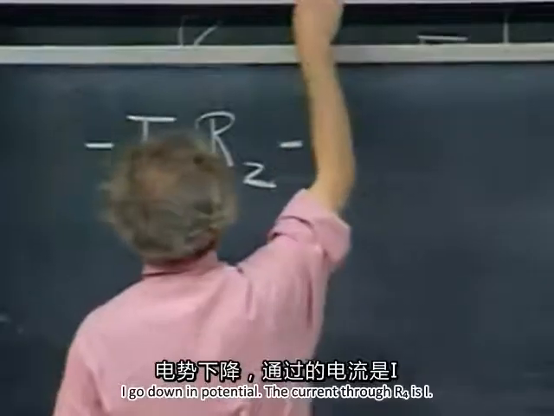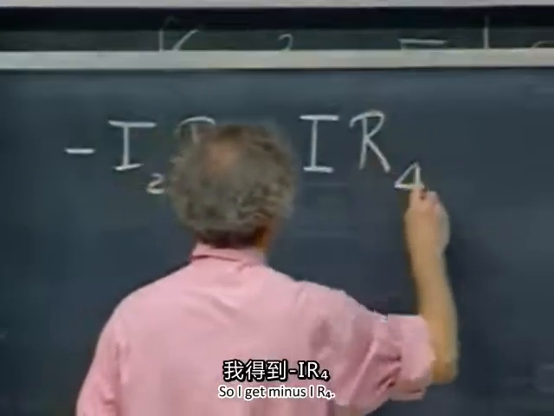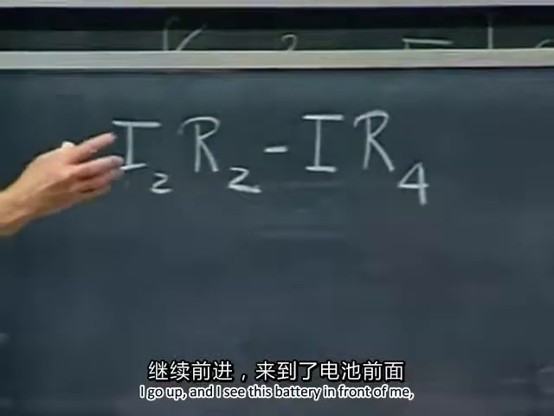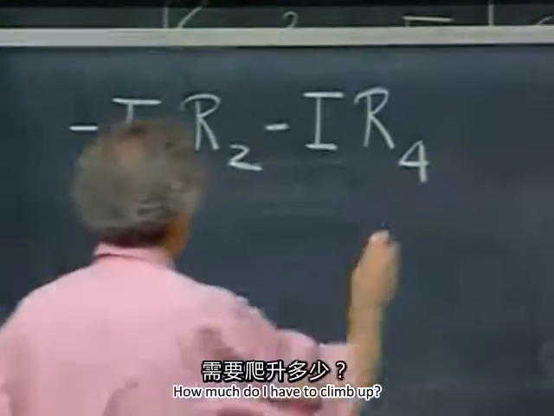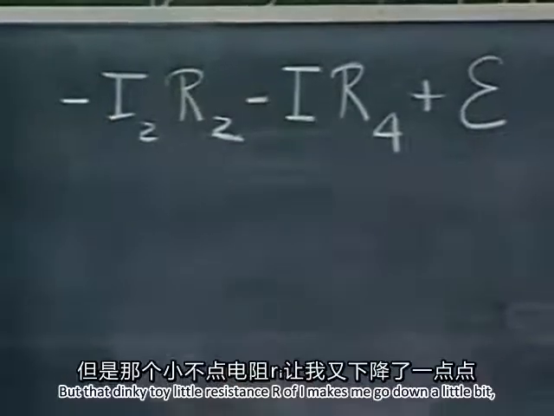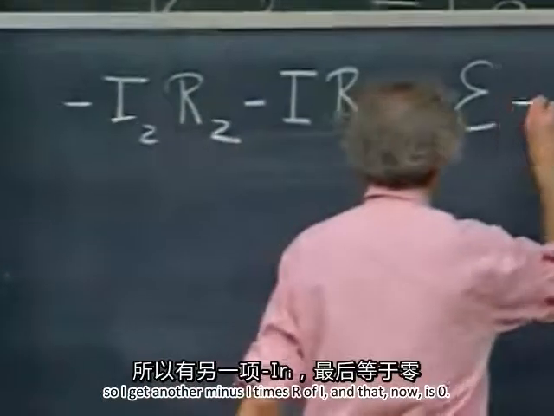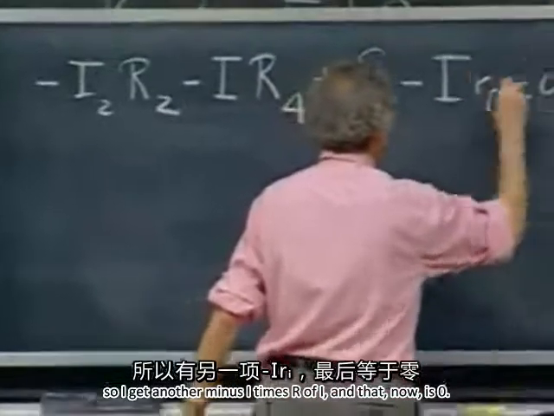The current through R4 is I. So I get minus I R4. I go up and I see this battery in front of me and I have to climb up in potential. How much do I have to climb up? That EMF of the battery. But that dinky toy little resistance R of I makes me go down a little bit, and so I get another minus I times R of I, and that now is 0.